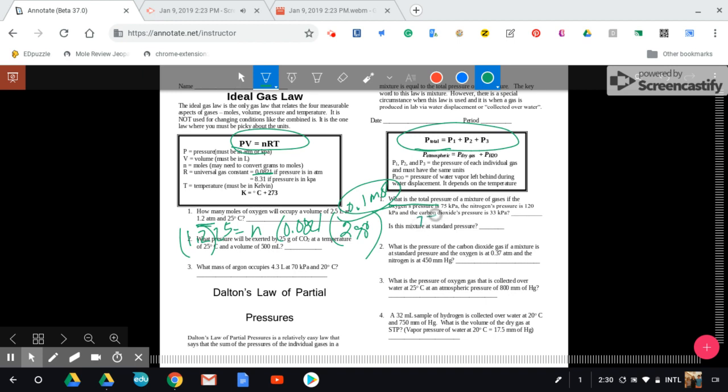So I know I've got 75 plus 120 plus 33. So my total pressure is going to be 228 kPa. All right, so that's Dalton's law. Dalton, you add them all up or you subtract if you're using the pressure.